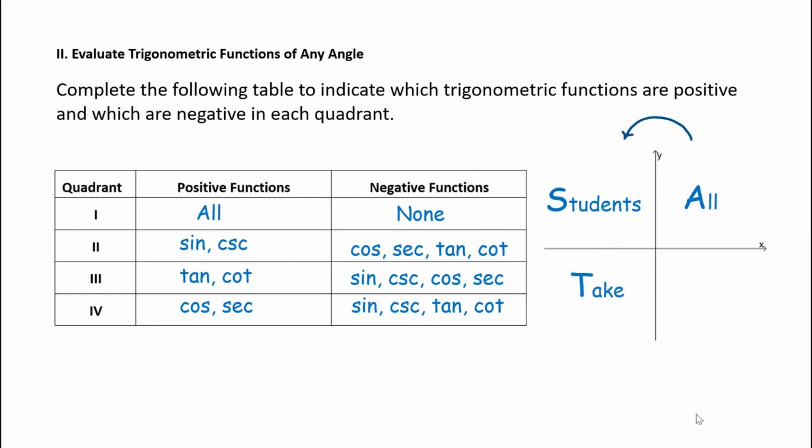T as in tangent and its reciprocal cotangent are positive. And finally, going all the way back around to the fourth quadrant, calculus. C representing cosine and its reciprocal secant. That is, all students take calculus.